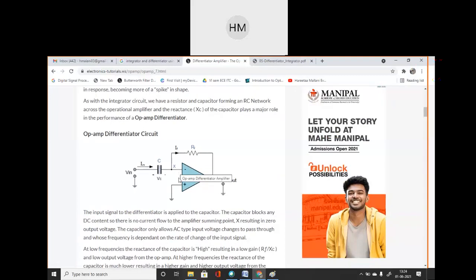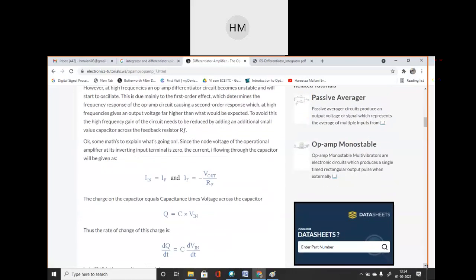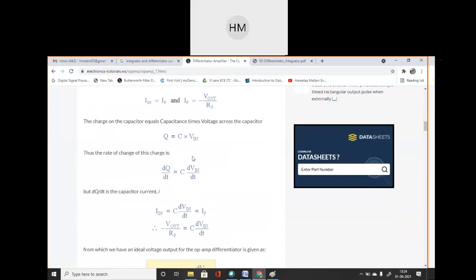Okay, this VID is 0, so no current flows through this inverting and non-inverting input terminal. This is the basic condition, mentioned in the operational amplifier characteristics and parameters. So I in is equal to IF we have assumed as a first condition, which I have written over here.